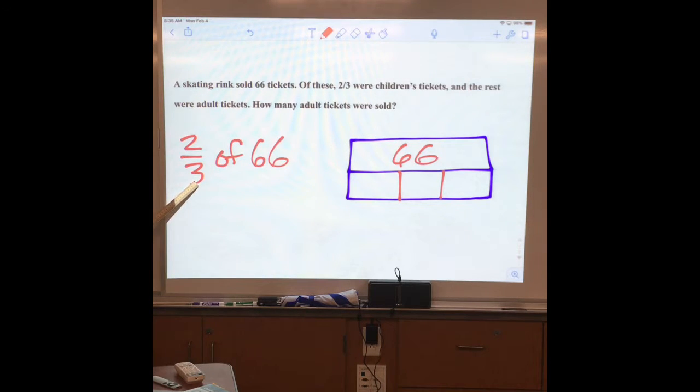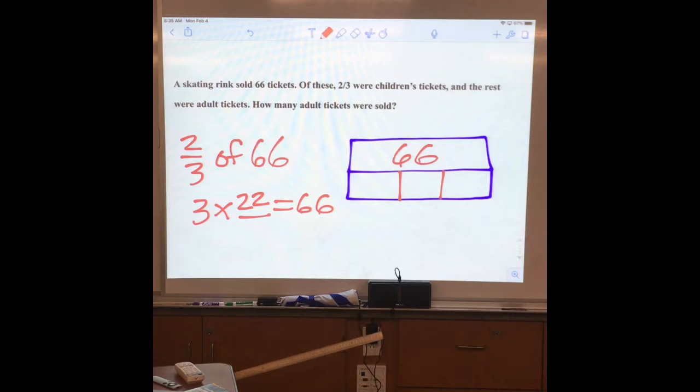What's our unit? Our unit is 3, right? So my question is, 3 times what is 66? Because this is our units, right? 3 goes into 6 how many times? 2. How about 22?